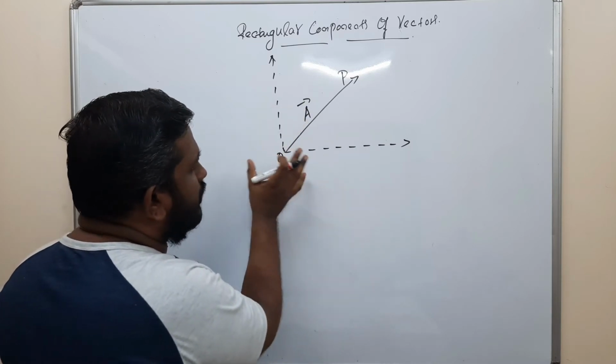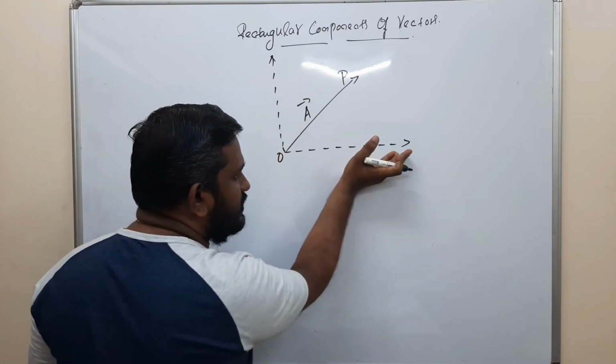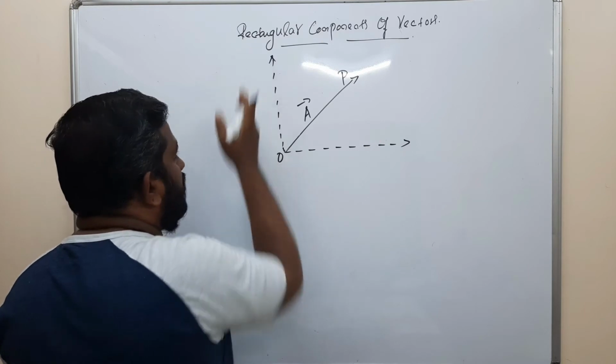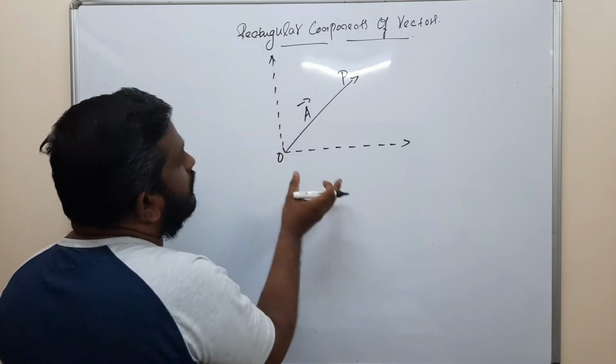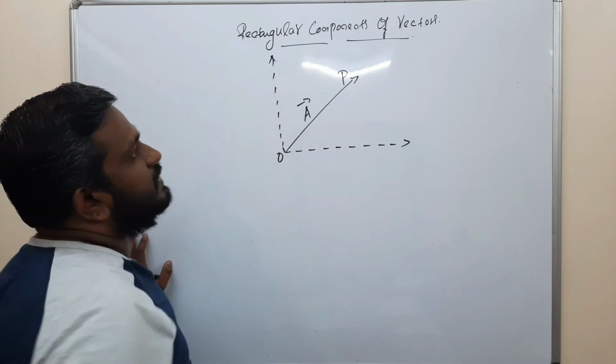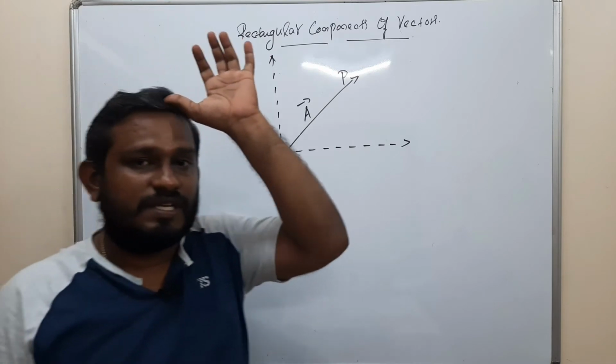So we will get two components, one component along this direction, one component along this direction. These two components are called the rectangular components of the vector.